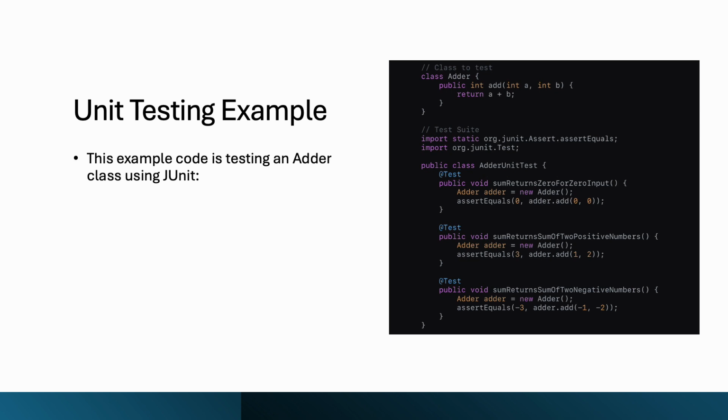The first one is a zero input test. It verifies the method add 0 returns 0. For the positive numbers test, it checks the addition of 2 positive integers. And lastly, the negative numbers test confirms the correct summation for negative integers.